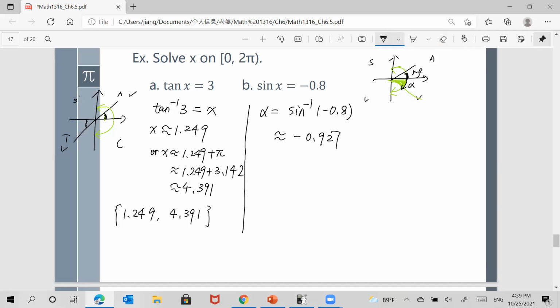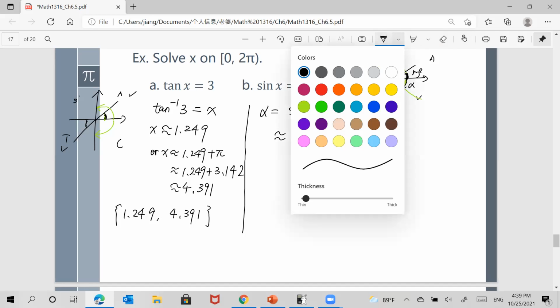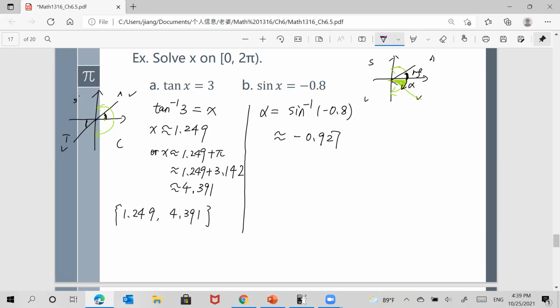Because we are looking for this angle and this angle, from initial to this terminal.